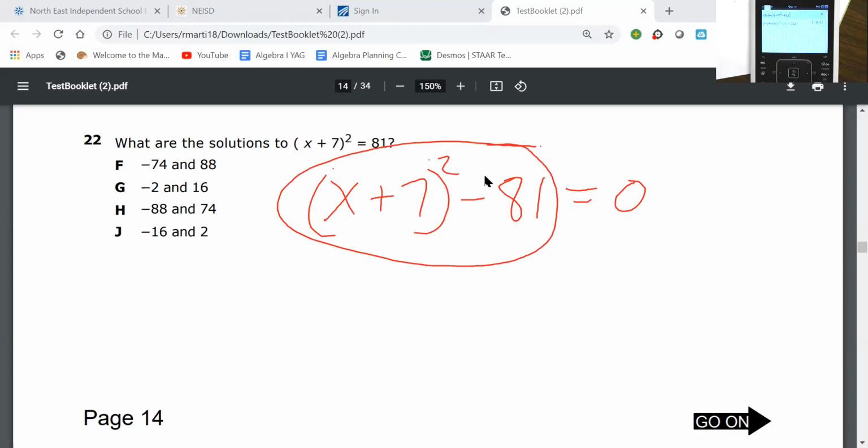It'll give you the parabola. You may have to zoom out, but basically it goes through 2 and negative 16. So there's 3 ways that you could have done this.